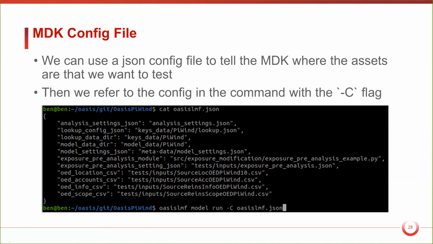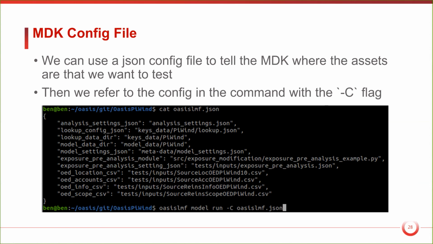And that just allows you to run the entire end-to-end process using all of the bits that are highlighted in this file. It allows you to keep all of your test data in one place. And you can have a number of those files for a number of tests with different location test files and things.